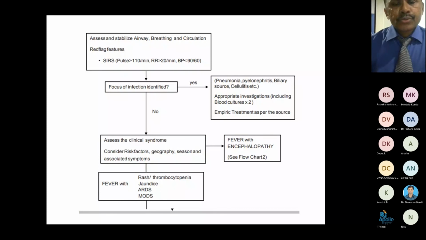So what do you do when you come across a patient with fever? So first assess the patient's airway, the routine ABC, and then stabilize the airway, help with breathing, or assess the breathing and circulation, and help with each one after the other and simultaneously.